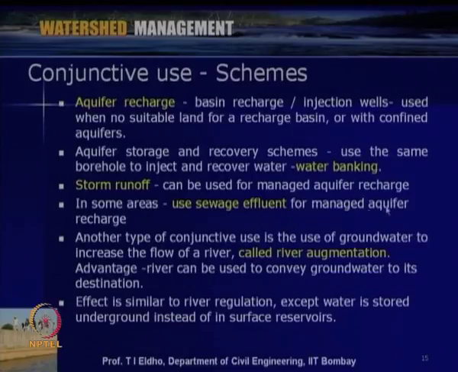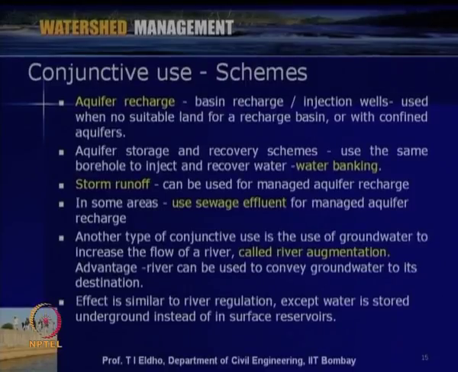If it can be used for recharge, in many locations we use it, especially in semi-arid and arid regions, we can utilize the sewage effluent for recharging. And while recharging, when this treated water goes through the aquifer system, a lot of the water quality will be improved through various processes like biological activities and filtration. And then another type of conjunctive use is the use of groundwater to increase the flow of a river, so-called river augmentation.